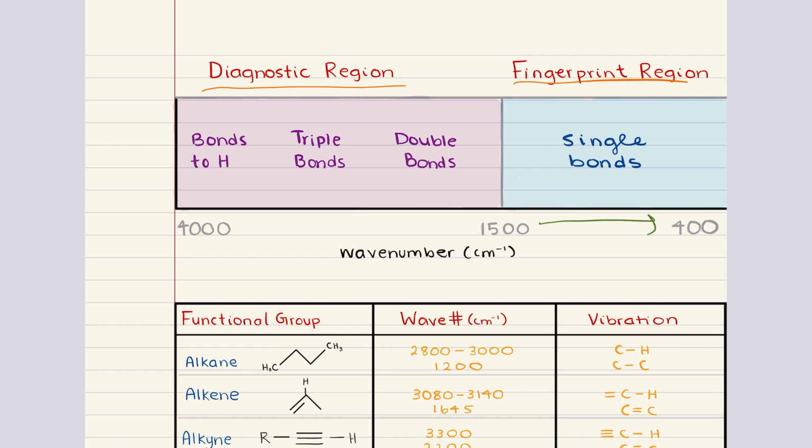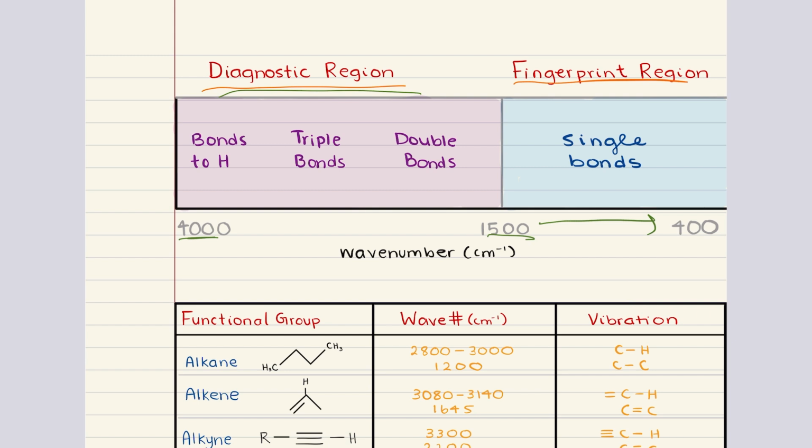The region that we are concerned about for the MCAT is the diagnostic region, and this is from about 4,000 to 1,500 wave numbers, and it contains most of the important and easily interpretable signals. Here we see absorptions from functional groups, and these peaks are typically strong and distinct, and they allow us to identify specific bond types and functional groups.